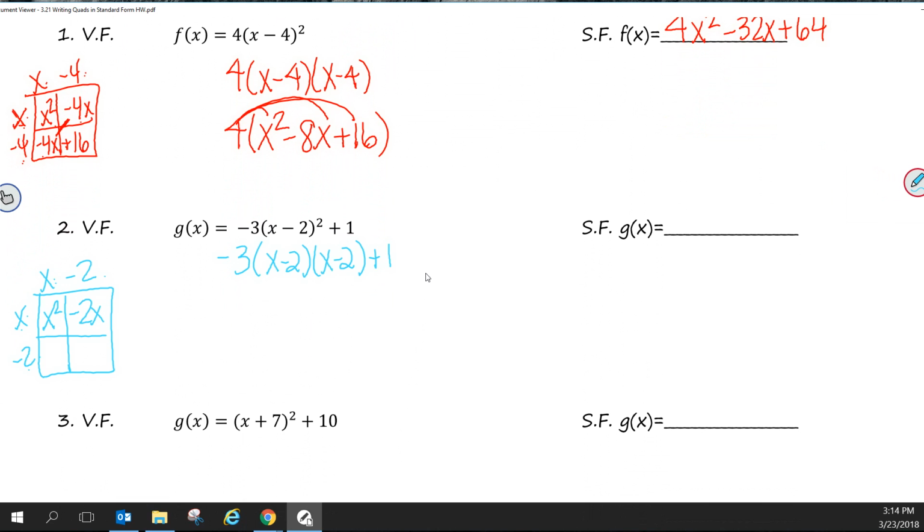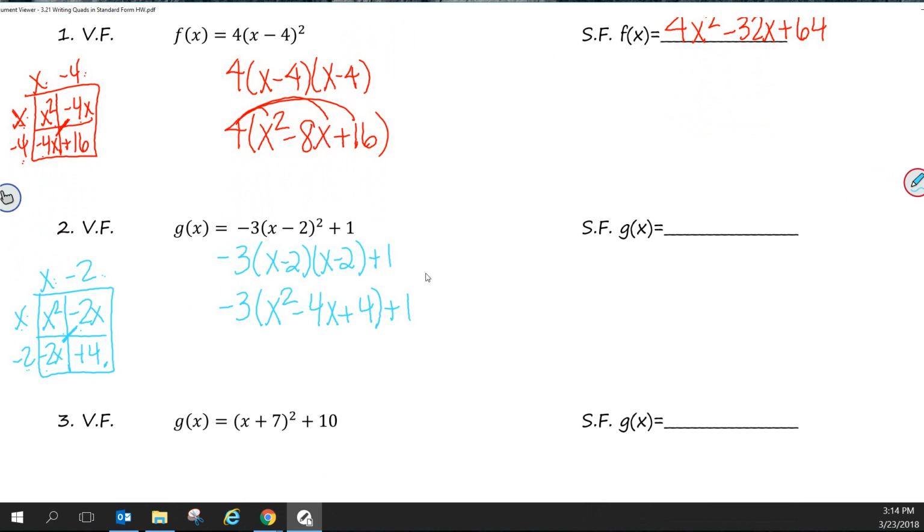Negative 2 times x, again, is negative 2x. Negative 2 times negative 2 is positive 4. So this is going to be negative 3 times x^2 is my first term. Adding along the diagonal, I've got negative 2 minus 2, it's negative 4x. Last term is positive 4.